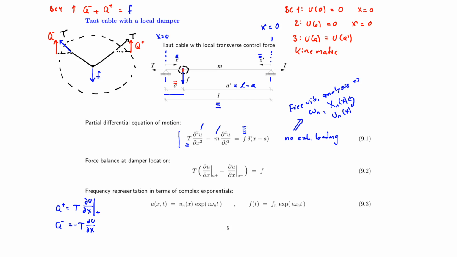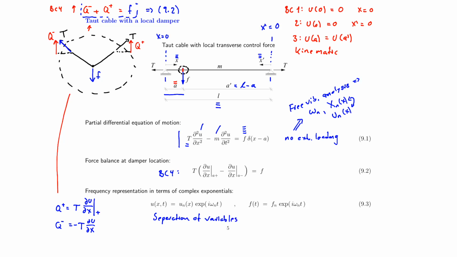So if I take these two representations of Q and stick them into my boundary condition here, then I will get equation 9.2. So this is actually my BC4 given right here. We will use separation of variables.